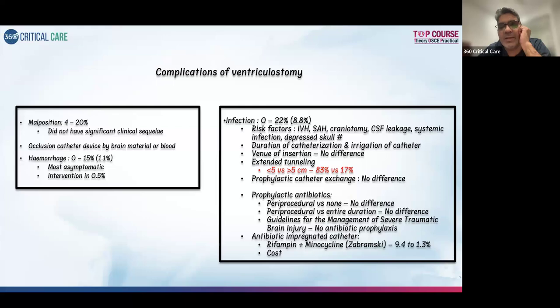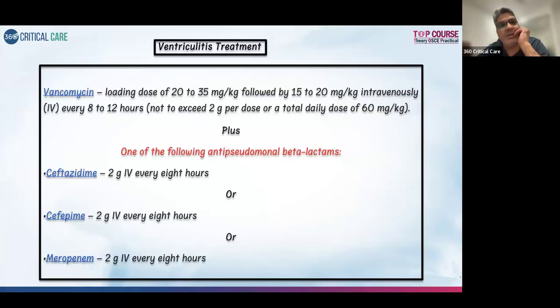There is some use of antibiotic impregnated catheters, which have reduced infection, but they are very costly. Now, they can ask you about treatment for ventriculitis. Standard answer is I'll go by the hospital antibiogram.